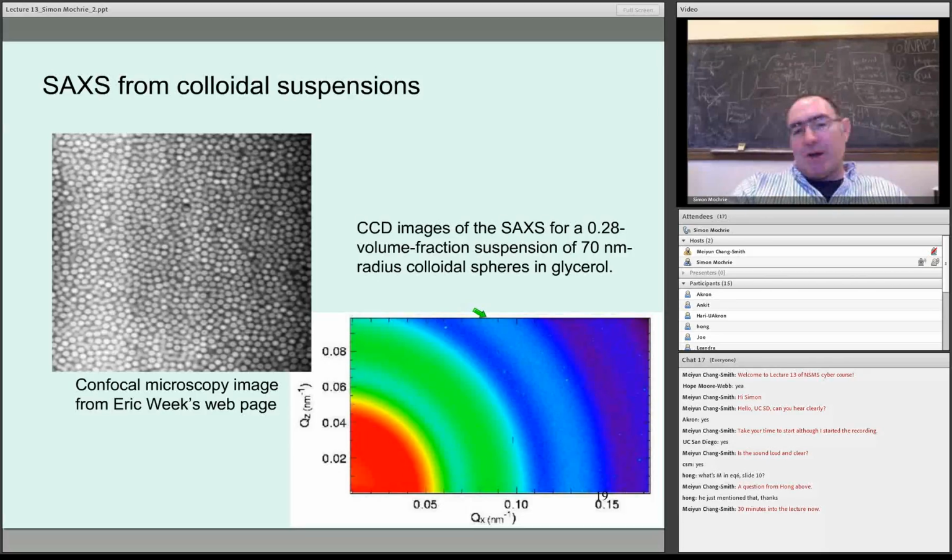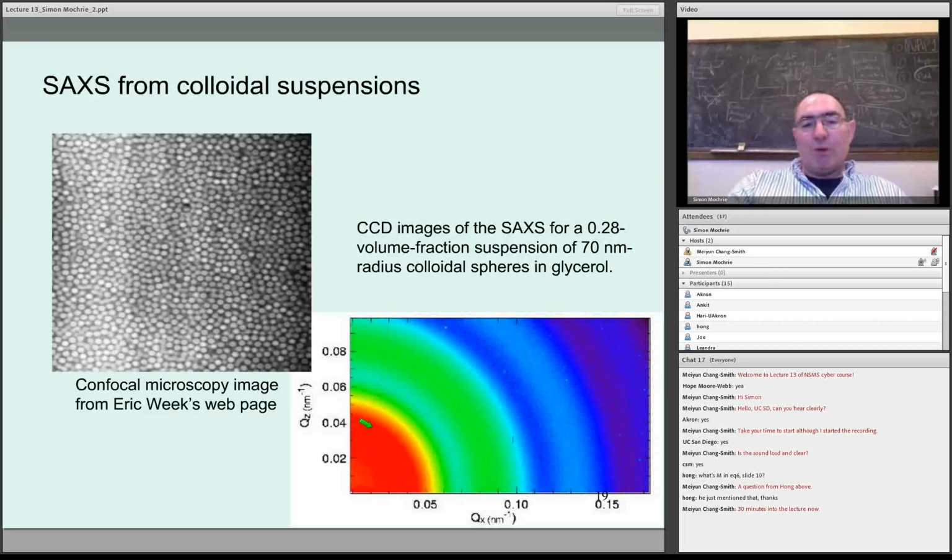Again, I'm showing a fraction of what would be a circularly symmetric scattering profile. If I was to have a larger detector, everything here would be circles. What you're seeing here is regions where the scattering is rather weak, regions where the scattering is higher, higher still, higher, even higher, and then very strong.